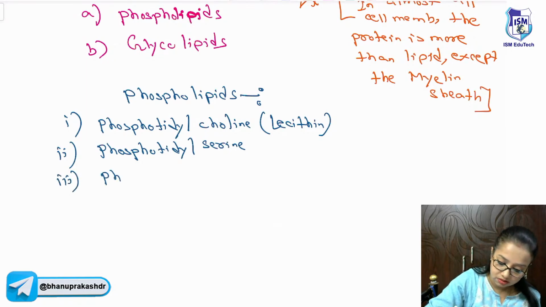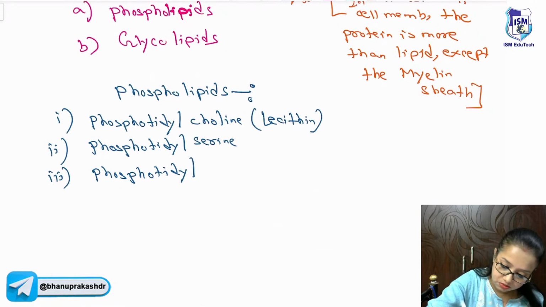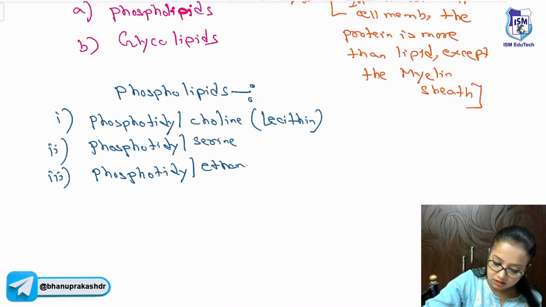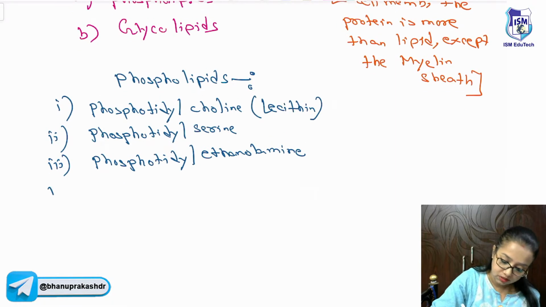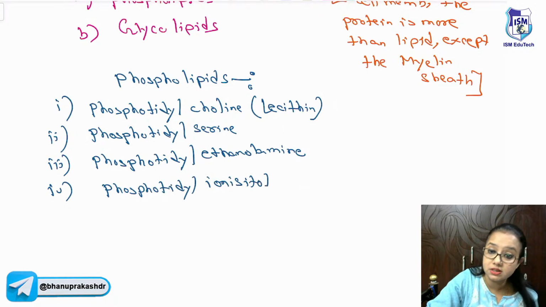Then we have phosphatidylethanolamine. Then we have phosphatidylinositol, which is the precursor of secondary messenger.